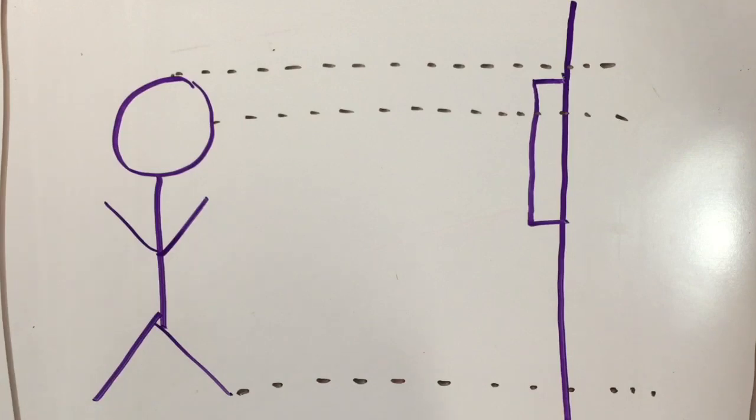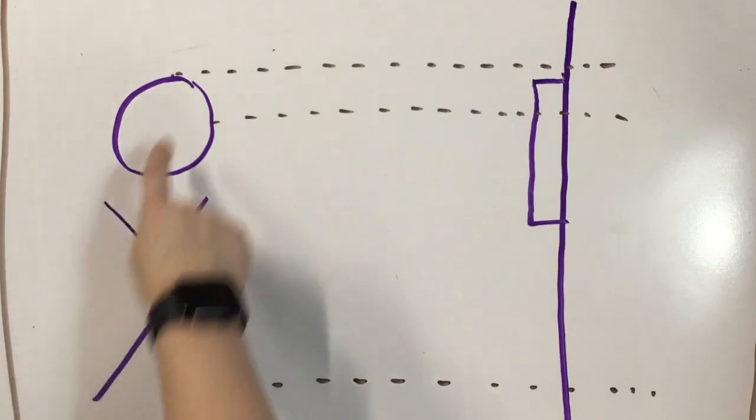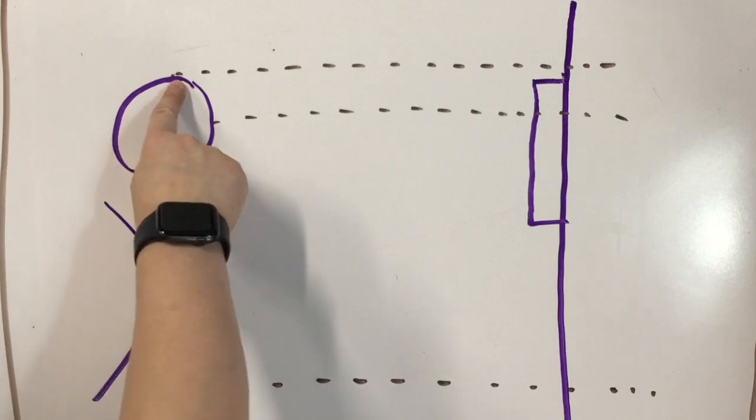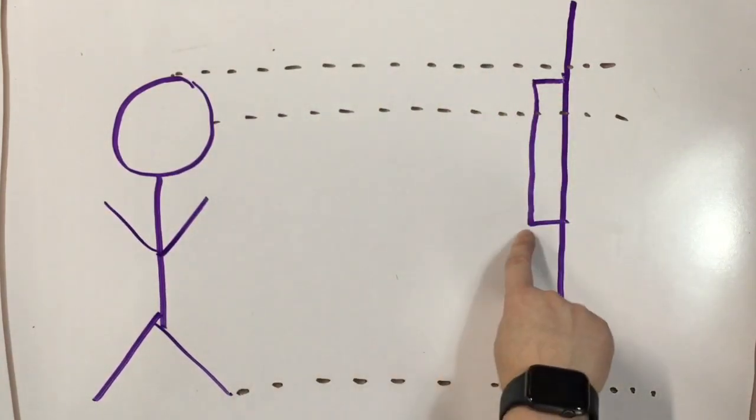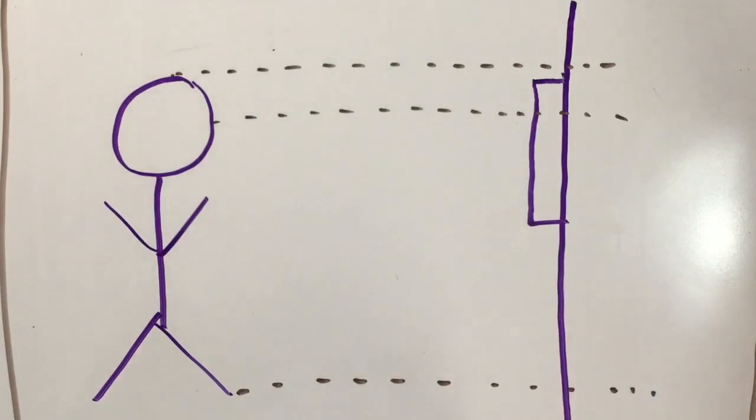We want the smallest mirror possible that's going to show the person's whole body. That would mean that the light from the top of his head hits the top of the mirror, light from his feet hits the bottom of the mirror, and both of those, right after they hit the mirror, go to his eye.